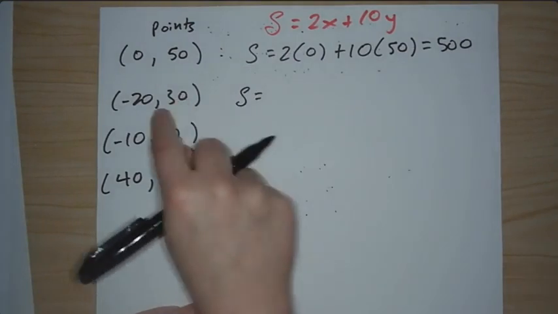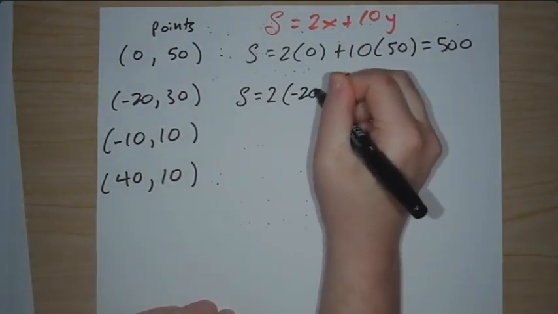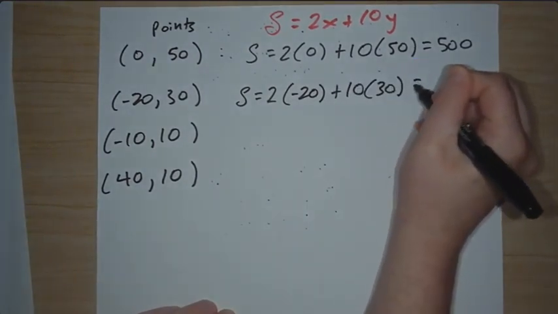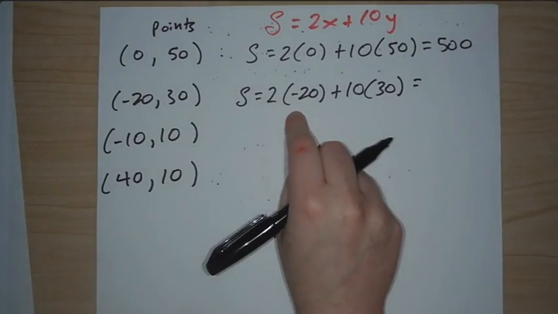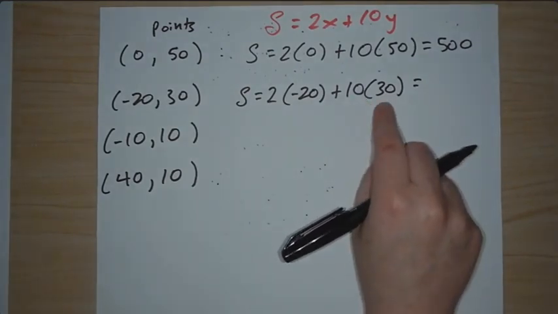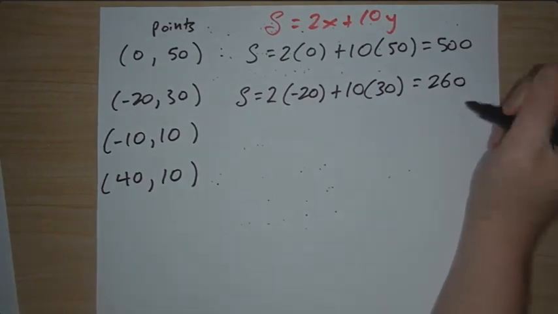For this next point, we have (negative 20, 30). Substituting that, we have 2 times negative 20 plus 10 times 30. 2 times negative 20 is negative 40, plus 10 times 30 is 300. So we have 300 minus 40, which is 260.